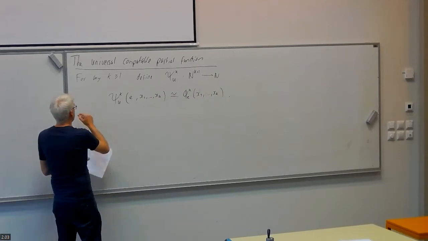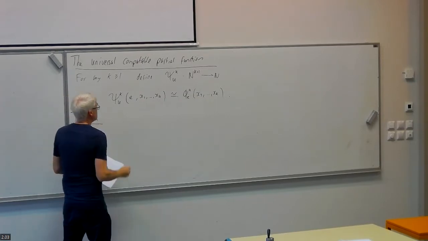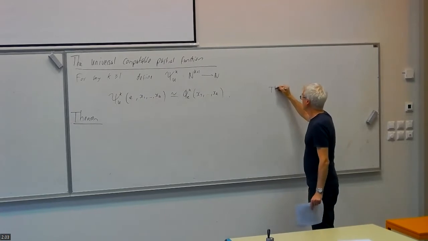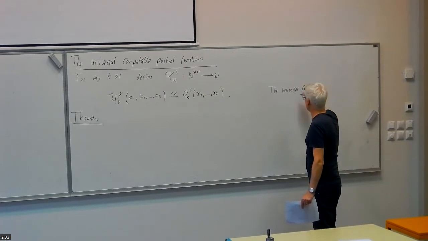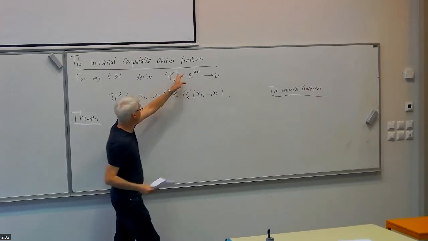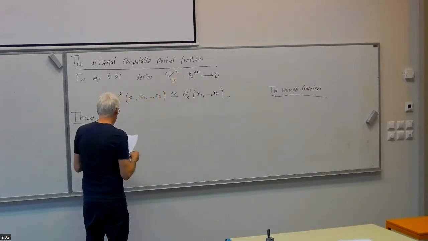And the theorem is that this is called the universal function. Notation psi sub u. And again, in cases that I don't put the k there, I mean k equals 1. That's the default case.